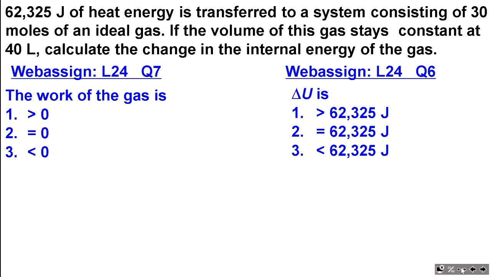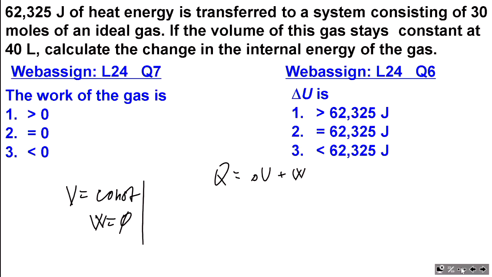And then, when volume remains constant, the work has to be equal to 0. That's it. But then, the heat, the change in internal energy, and work are related. 2 means the system absorbs heat, so Q is positive, W is 0, hence delta U, which is equal to Q, is positive.